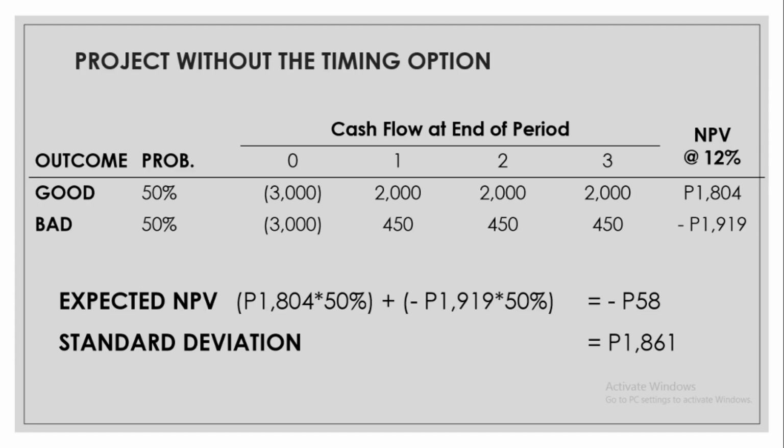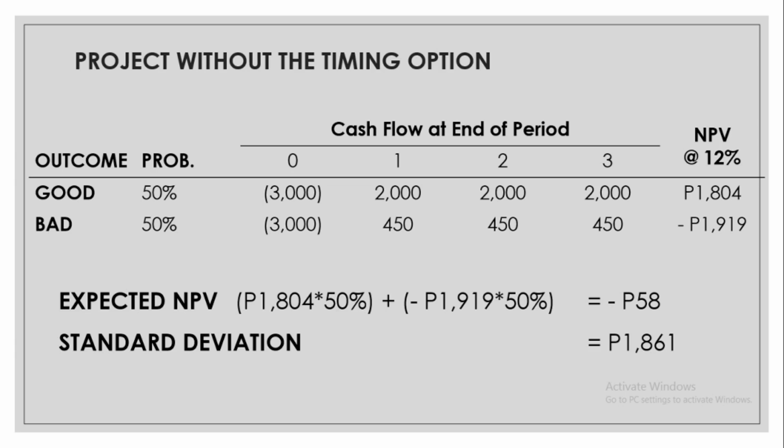So for the project without timing option, the good outcome has a 50% probability, 3,000 outlay, and 2,000, 2,000, 2,000 cash flow subsequently. For the bad outcome, we have 50% probability, 3,000 outlay, 450, 450, and 450 subsequently.